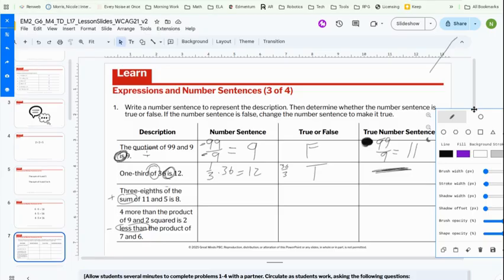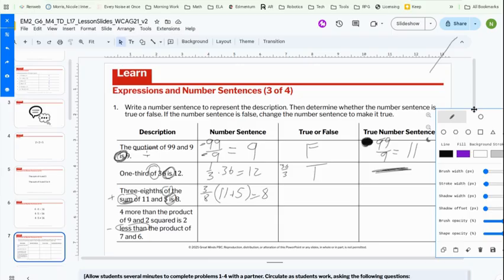This says 3/8 of. So 3/8 of, that's times, the sum is plus, 11 plus 5. Let's see if that's true.